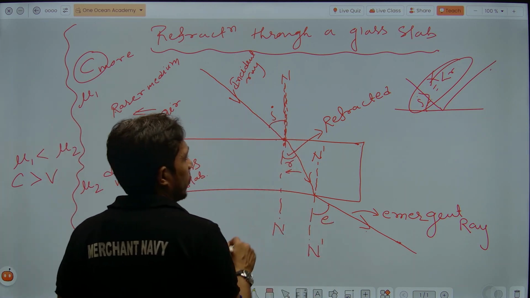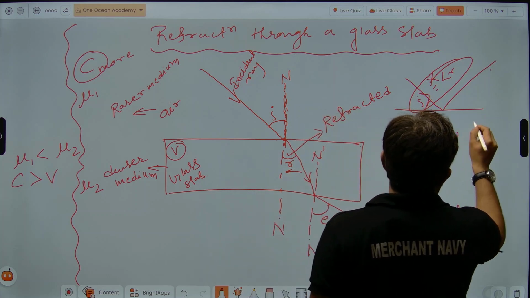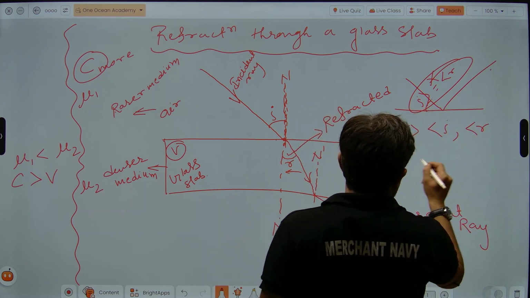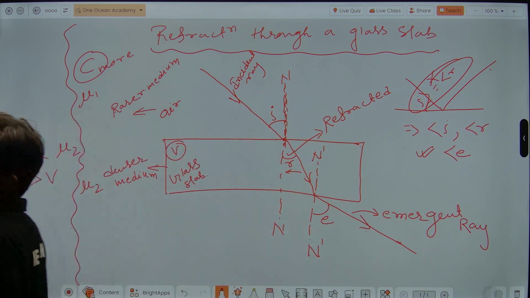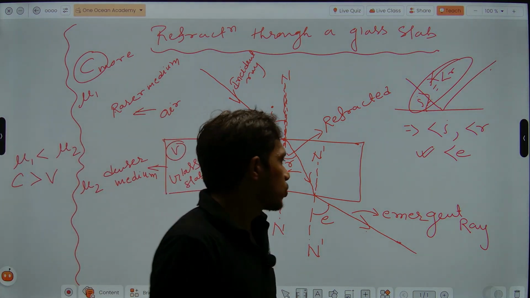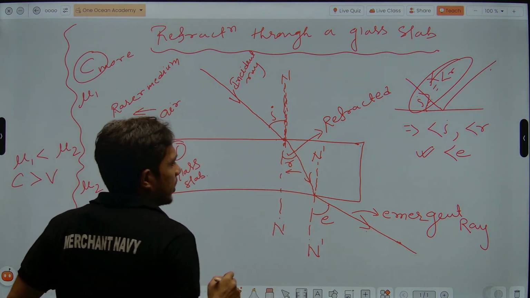So there are three types of angles: the angle of incidence, the angle of refraction, and the angle of emergence. That is a clear point. So now this is the angle of emergence, the angle of incidence, and the angle of refraction.